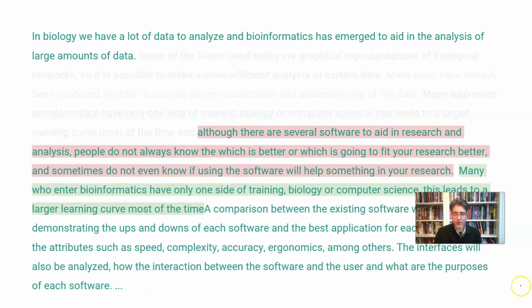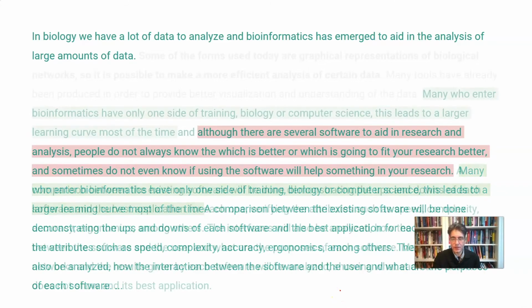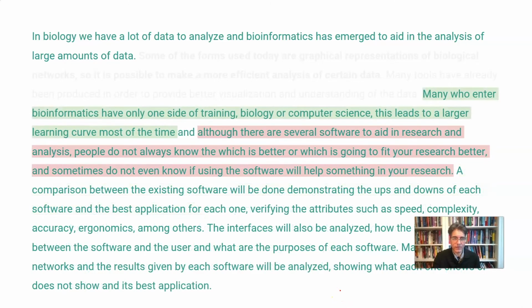So what if we move that to after that red part here? Move this sentence here: many who enter bioinformatics have only one side of training. Move that to after the point that there are several software packages and people don't know which is better.